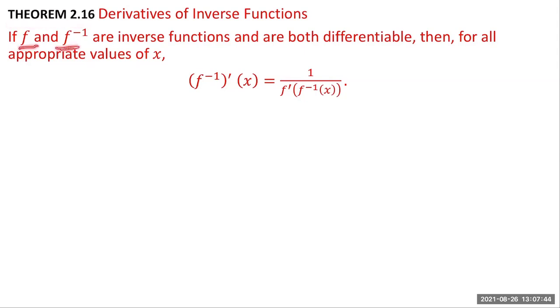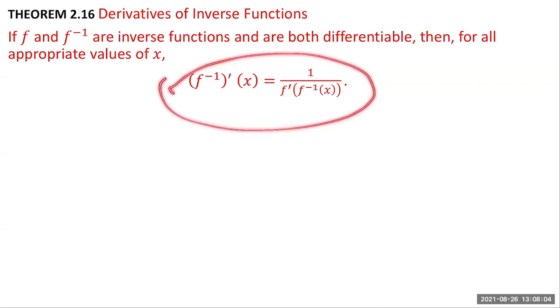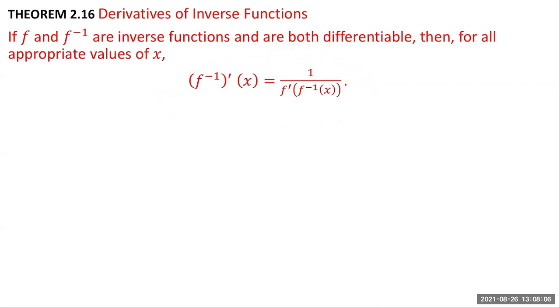If f and f inverse are inverse functions and are both differentiable, then for all appropriate values of x, we have the derivative of f inverse of x is equal to 1 over f prime of f inverse of x. So this is the formula. This is how you differentiate an inverse function. You can use this formula to differentiate the inverse of a function.